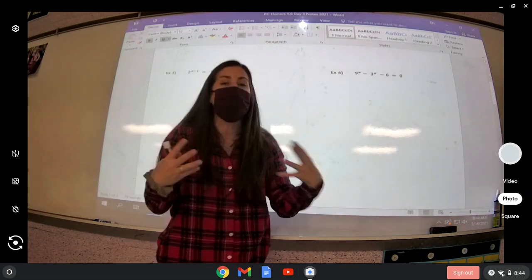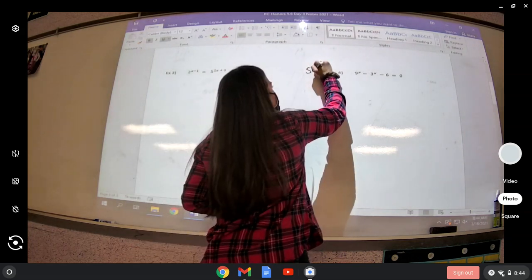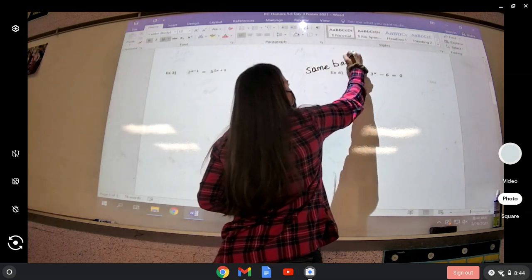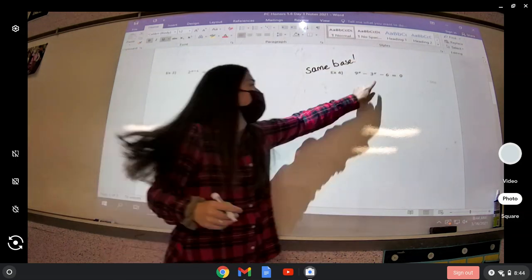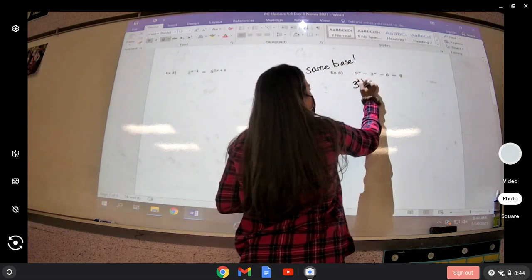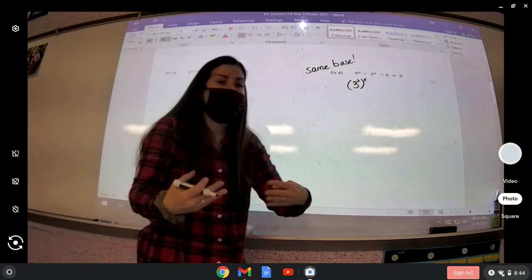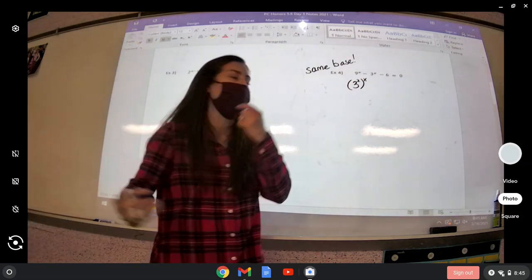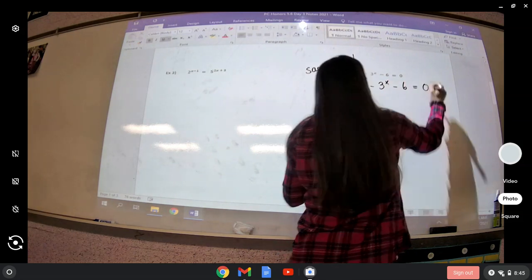So in this case, you really want to get things in the same base. So I know 9 can definitely be rewritten as a base 3. I can rewrite this as 3 squared to a power of x, right? 3 squared is 9. And now I've created the same base throughout this problem. And then it's minus 3 to the x, minus 6 equals 0.